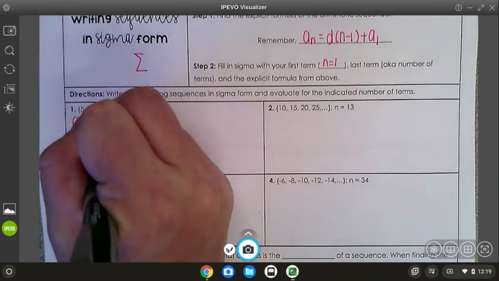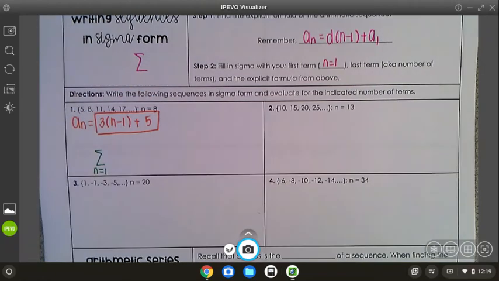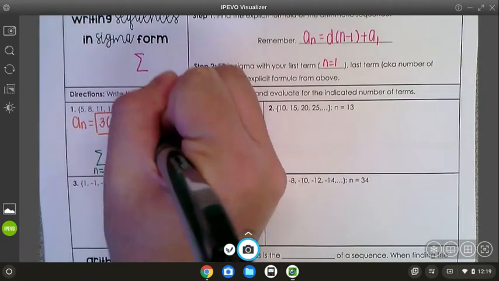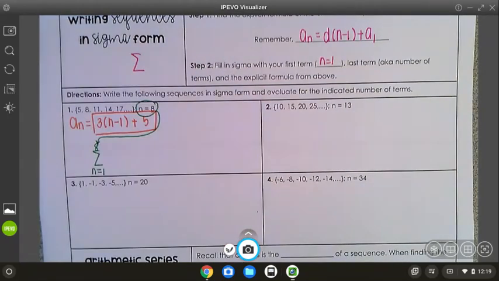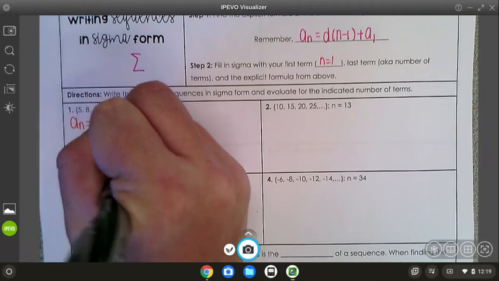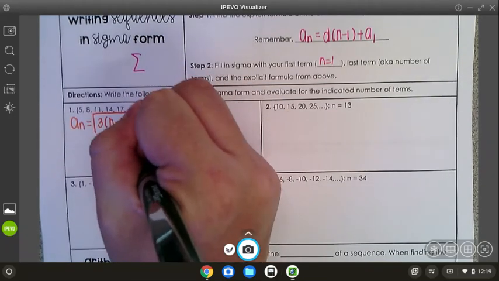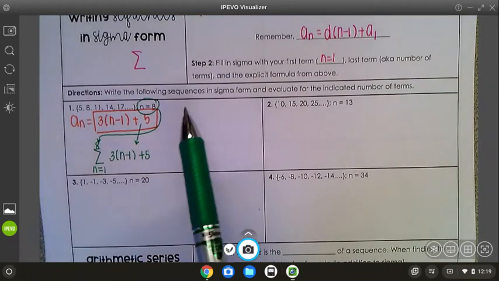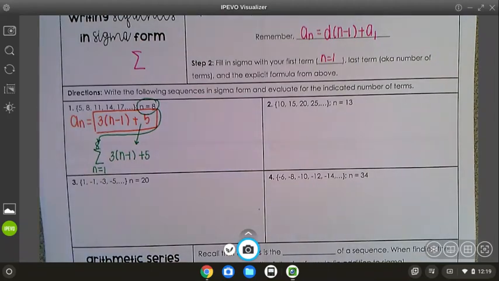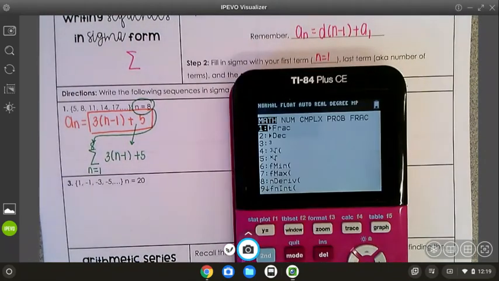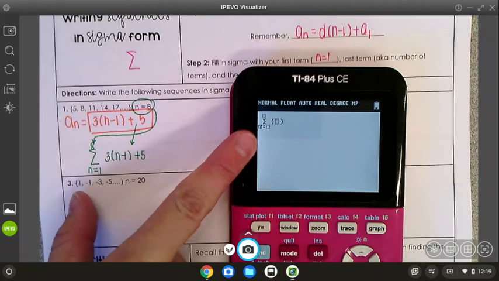And then we're going to go to sigma. We're going to put n equals 1 in the bottom, 8 in the top, and then we're just going to put in our formula. The only place that the 8 goes is up here. And remember, you can type in an n.